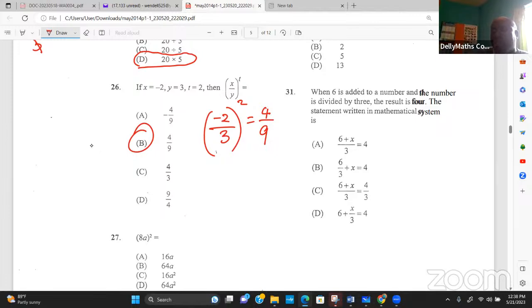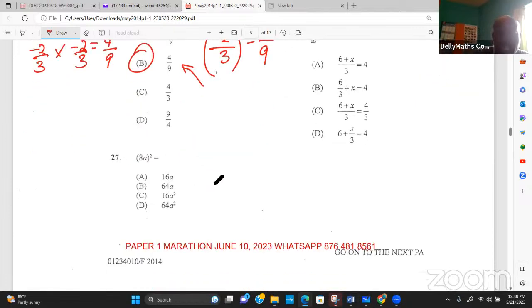Now, if you wanted to show some working, you could have had -2 over 3 times -2 over 3. -2 times -2, positive 4. 3 times 3, 9. Same thing, right? So it's up to you. Choose your methods. Now, 8a all squared, and notice I said all squared, right? Because the 8a was actually squared.